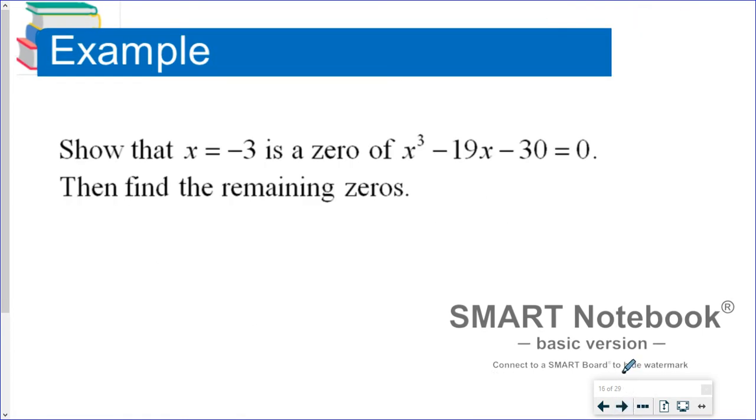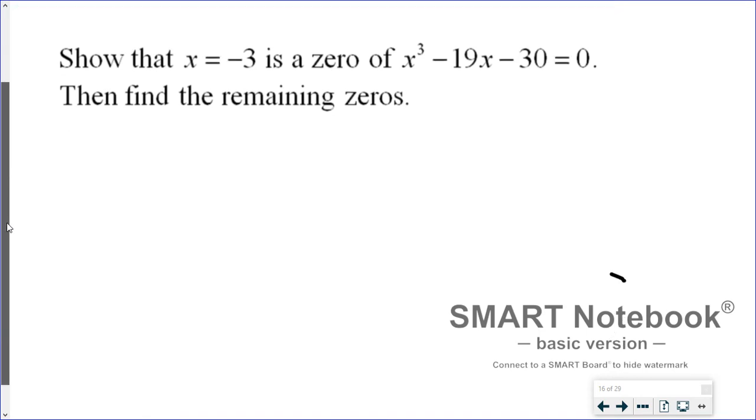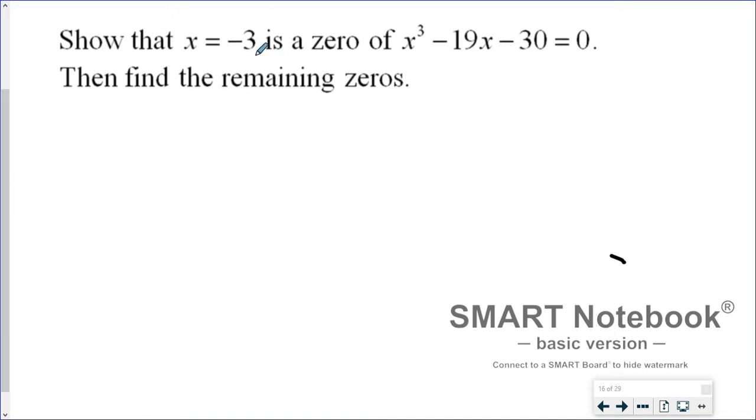All right, so show that x equals negative 3 is a 0 of x cubed minus 19x minus 30. Then find the remaining zeros. All right, so here they give us the 0, so that's exactly what goes in my box. Remember, if they give you the 0, put it right in. If they give you the factor, you have to find the 0 and put it in.